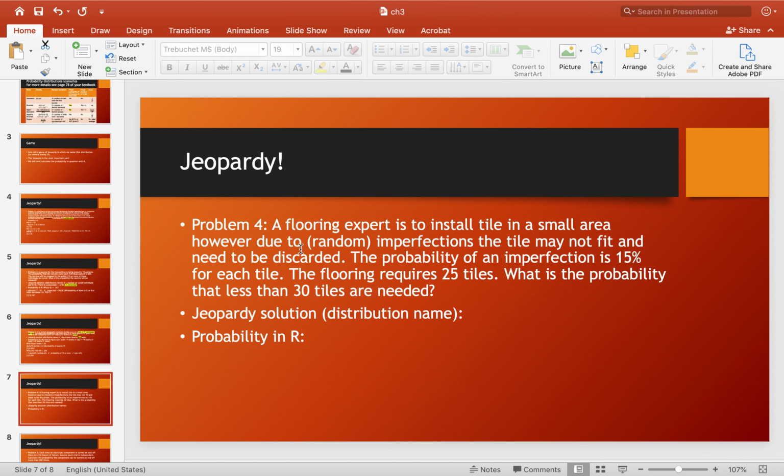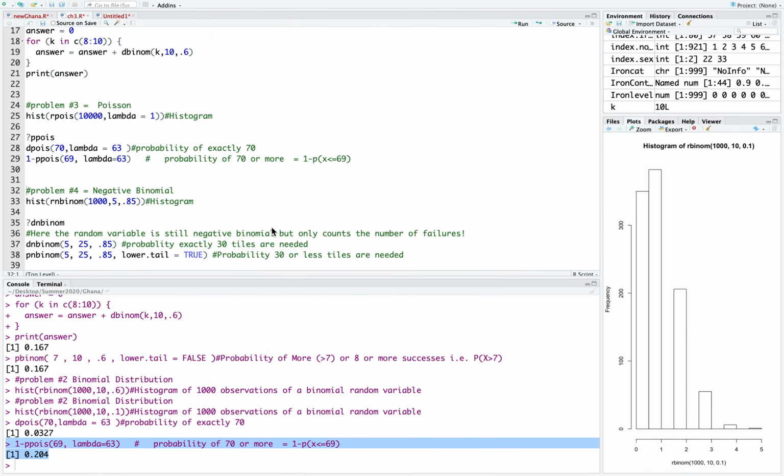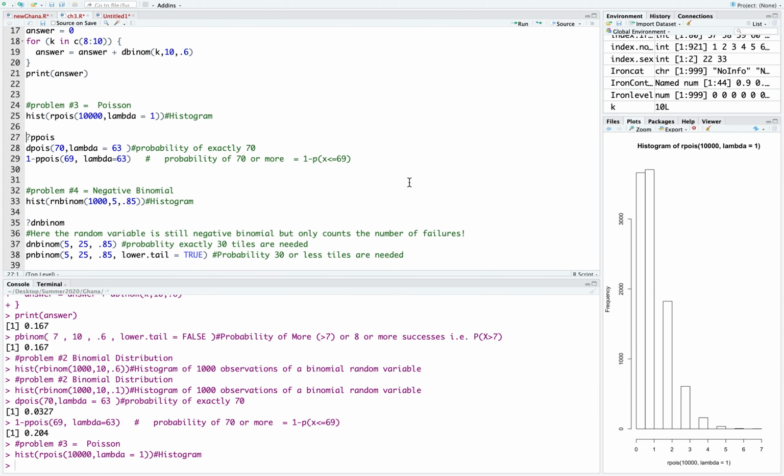Now, let's move on. So here's our fourth problem, and it says a flooring expert. Oh, before I move on, I had a histogram here, and this is the Poisson distribution. So it says that most of its observations occur before the mean.